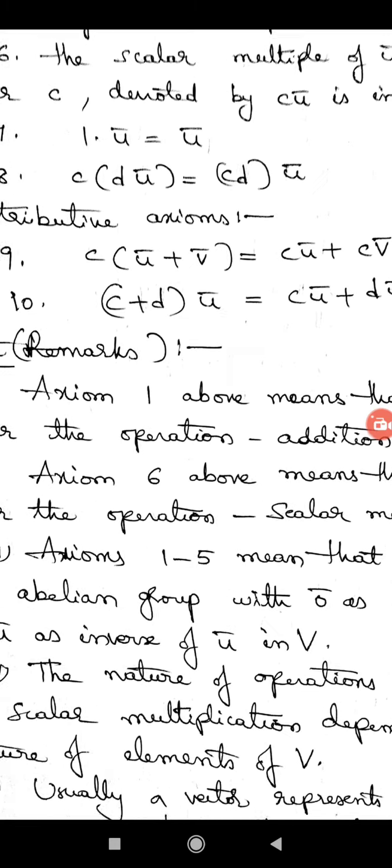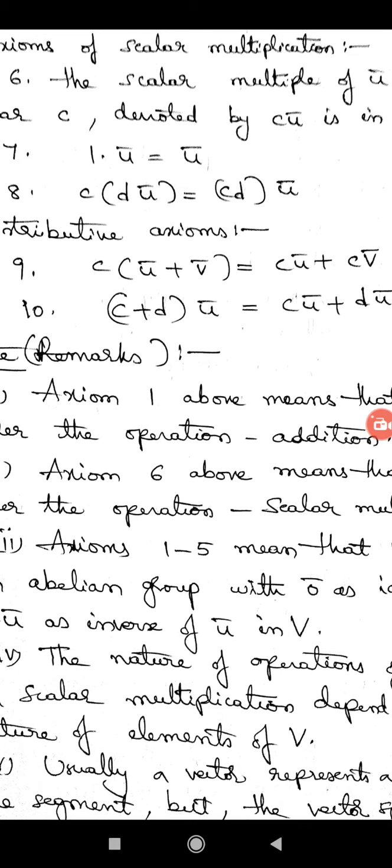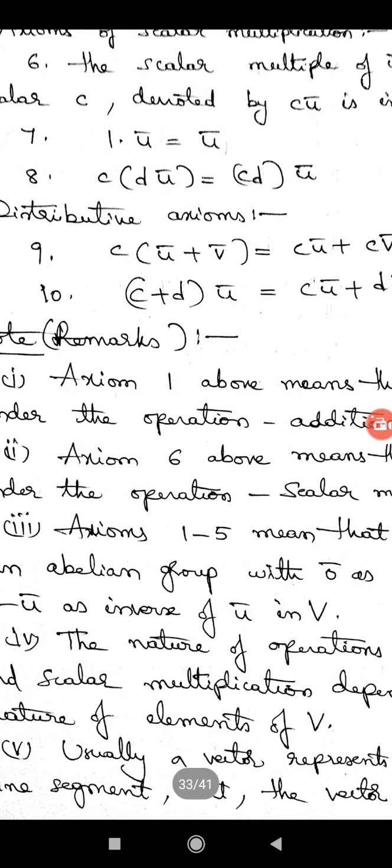Here we are multiplying with 2 scalars, first one scalar and then another scalar, and we can see that the product of 2 scalars together is multiplied to u bar by scalar multiplication, and this is given as c times du bar is equal to cd times u bar.